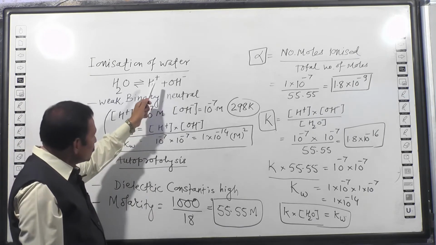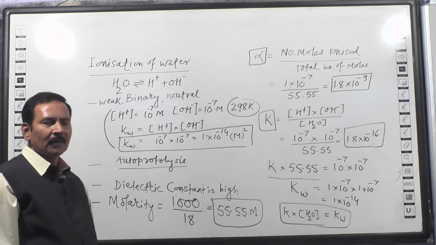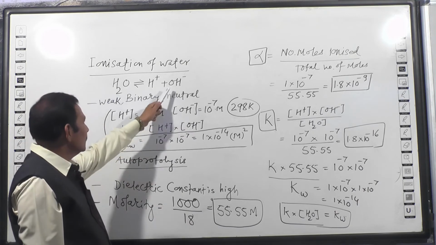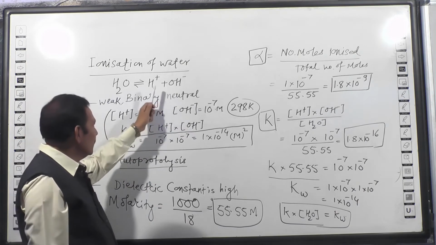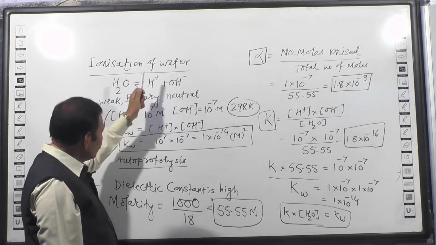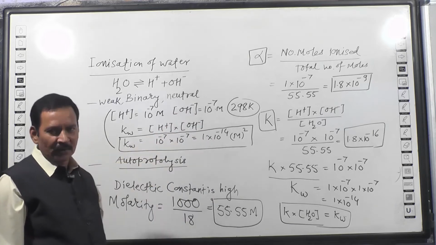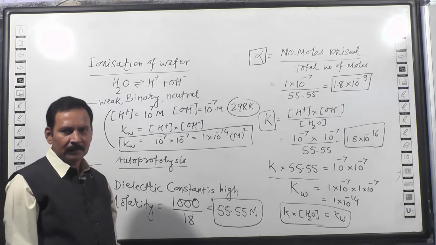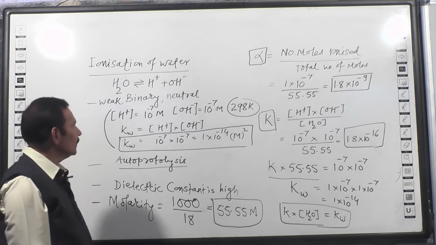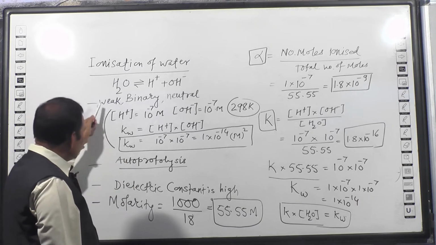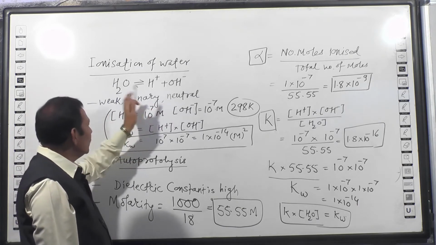H plus refers to acidic character, OH minus signifies basic character. If the acidic character produced is exactly equal to the basic character, the nature of that solvent will be neutral. So it is a weak, binary and neutral electrolyte.